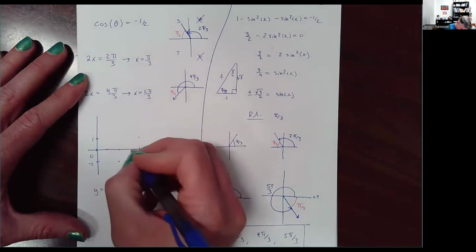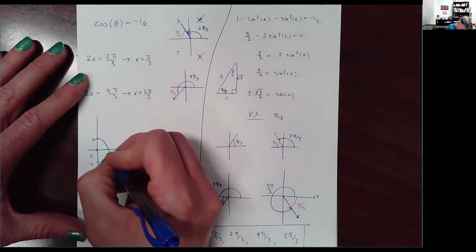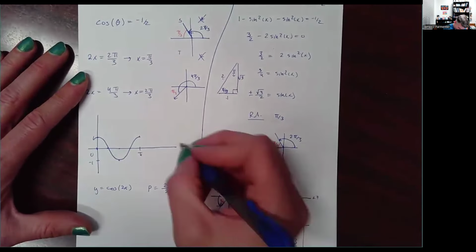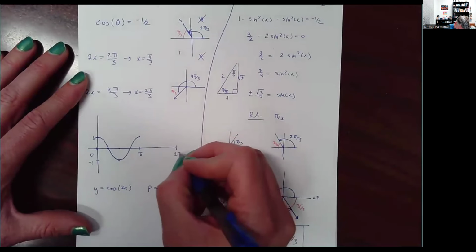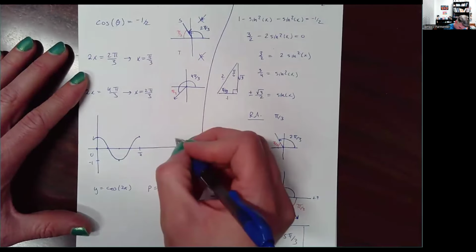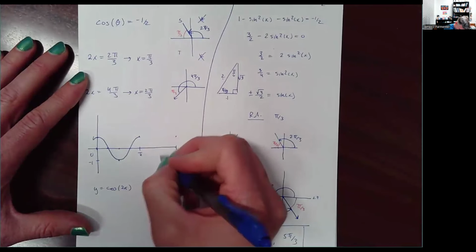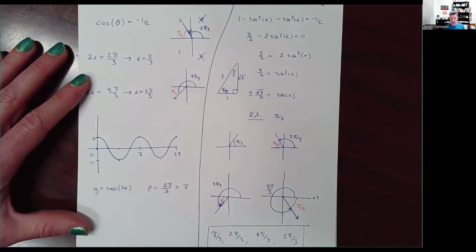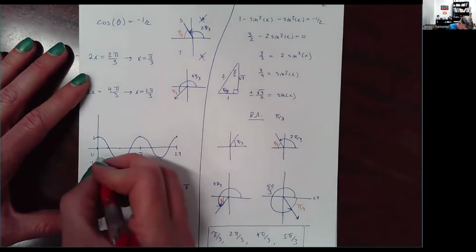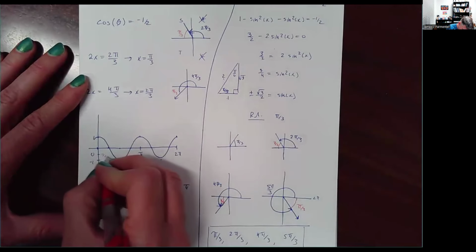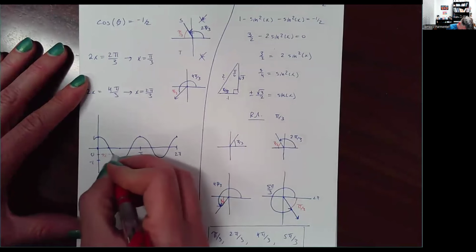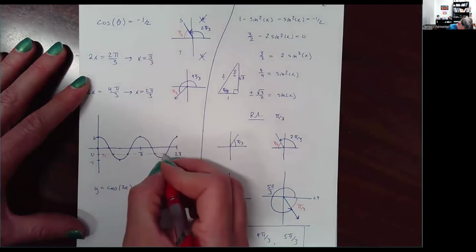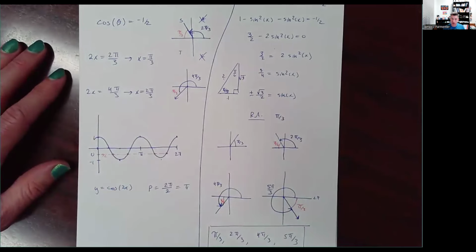It looks like that, and then it repeats itself. So one thing we know about the 2 there is from 0 to 2 pi, you're going to get 2 full periods. Well, great. If I'm trying to see where cosine is equal to -1/2, there's -1/2. It looks like there's 1, 2, 3, 4 different answers.